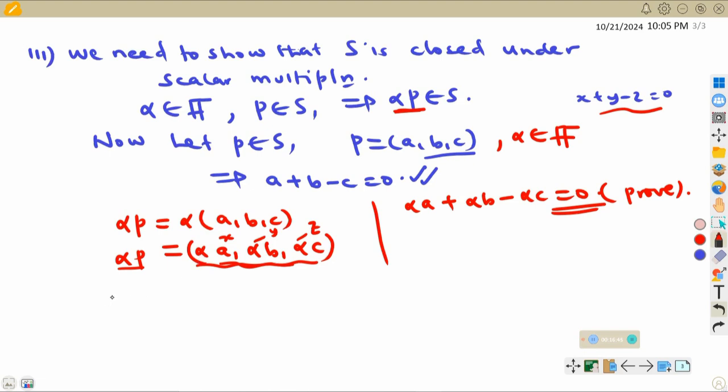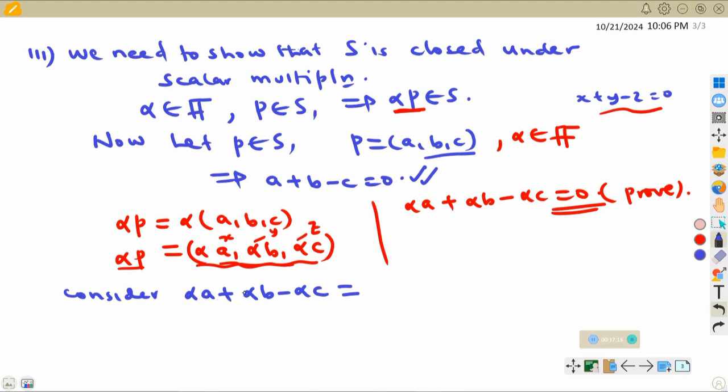So let us first consider alpha A plus alpha B minus alpha C. From the definition, any vectors in S must satisfy the given condition. But we need to show that this is equal to 0.